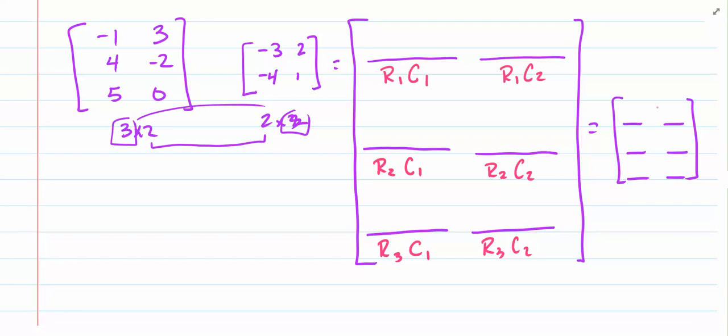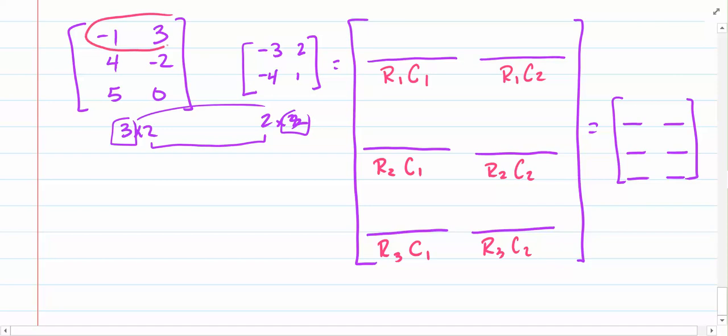So check this out. We're gonna multiply row 1 and column 1 and add their results. So here's how you do this. Here's row 1 and here's column 1. You guys agree with that? Here's row 1, here's row 2, here's row 3. Here's column 1, here's column 2. Agreed?